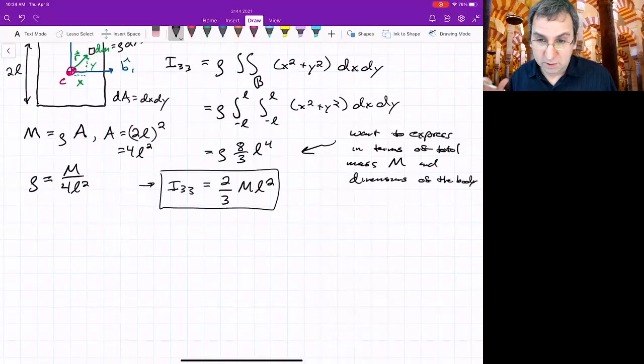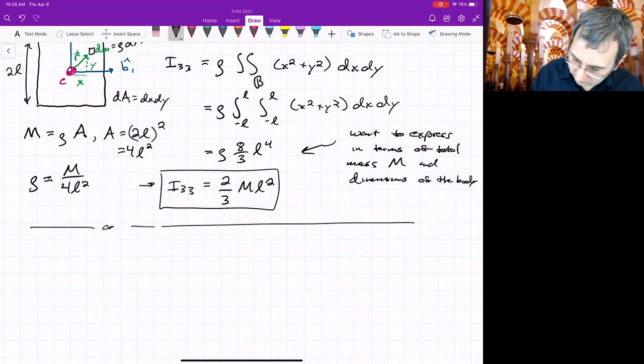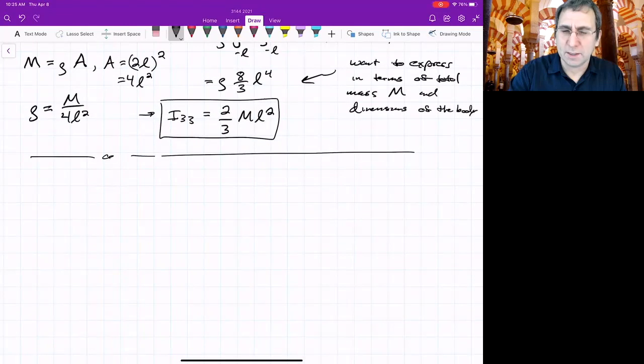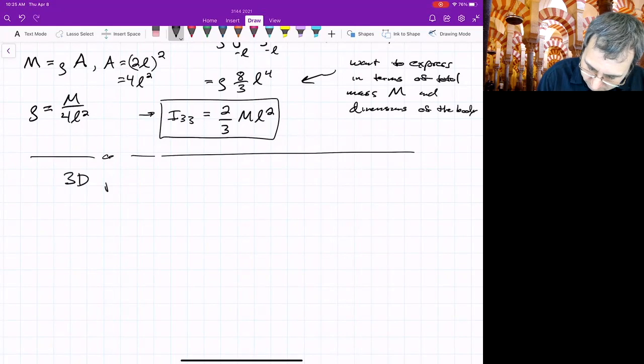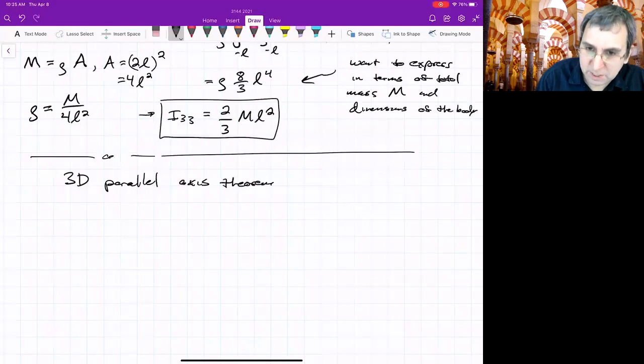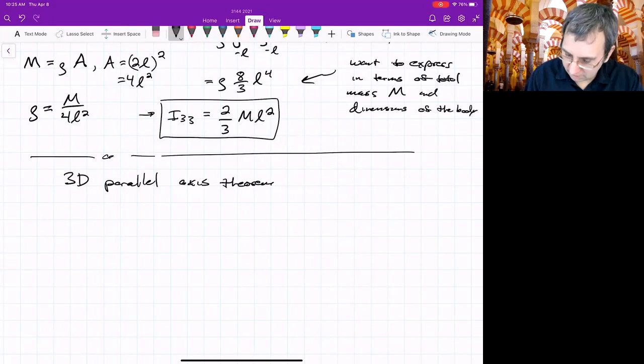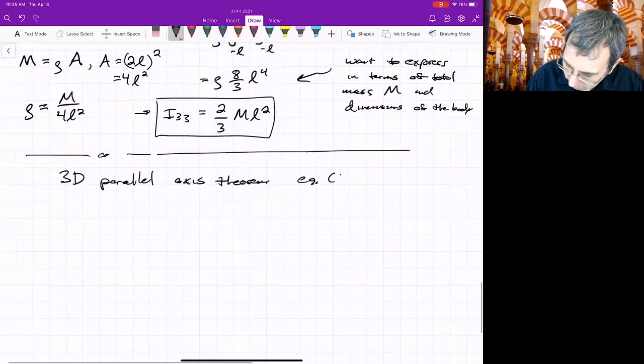So you could also calculate for a circle or a ring or whatever. There's this useful thing that I don't think I've mentioned, the parallel axis theorem. In 2D, you may have seen it, but there's a parallel axis theorem in 3D, and it is very handy. The book does mention it, but it does not say very much. I think it is equation 4.22.